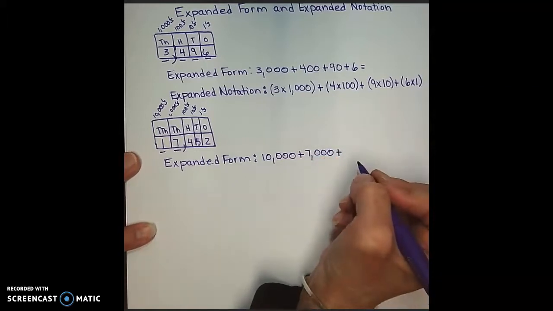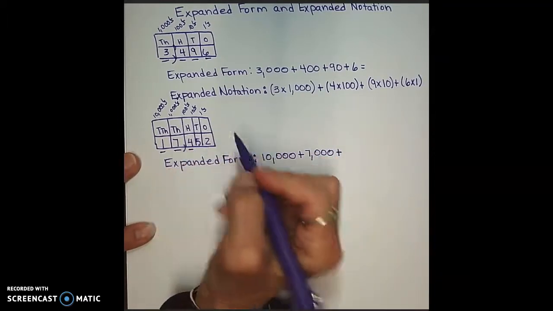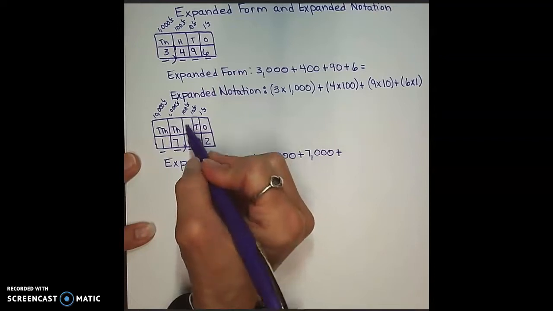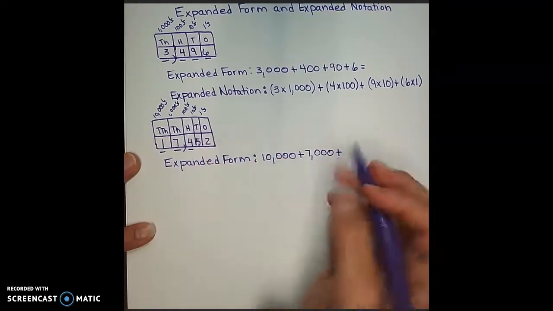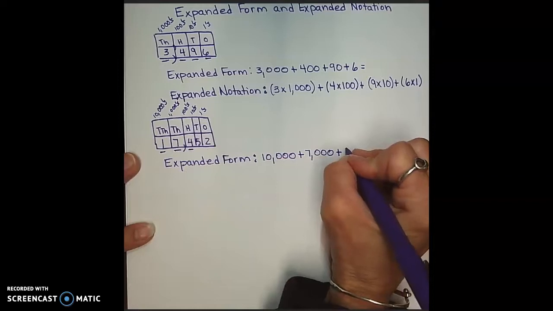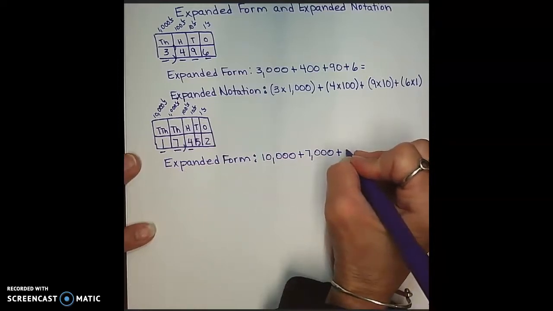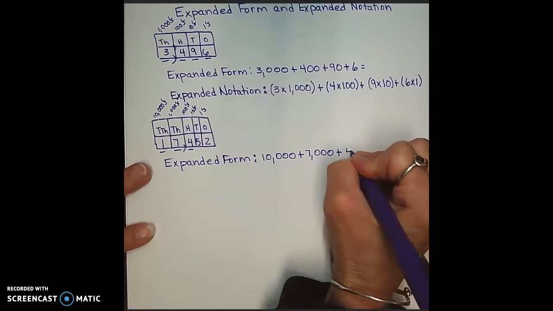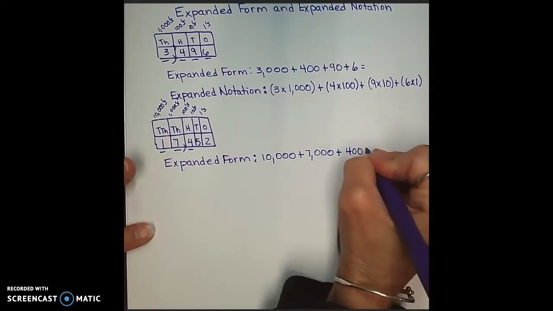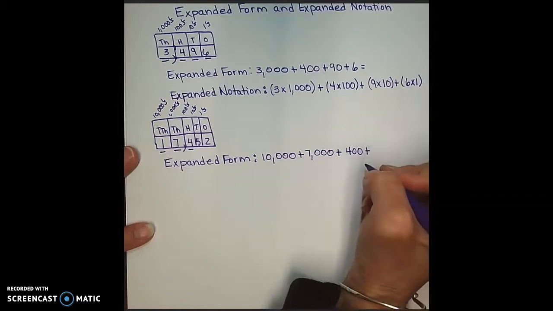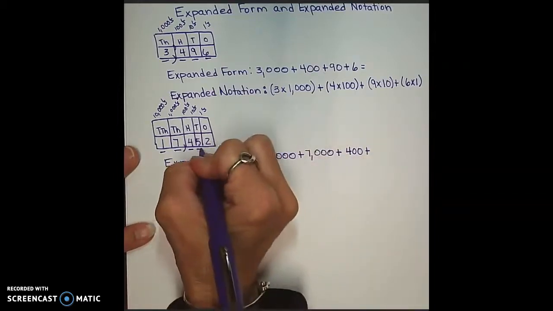My plus sign. Then I move to the hundreds place, and I have 4 100s. So I know the value of my hundreds place is going to be 100, 200, 300, 400. And I put my plus sign. Then I move to my tens place.